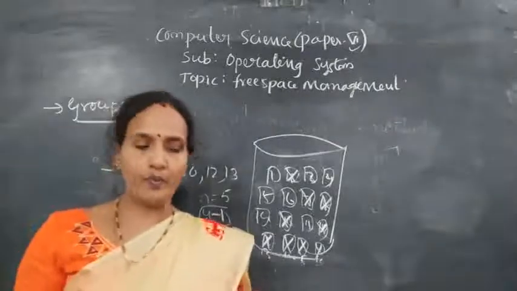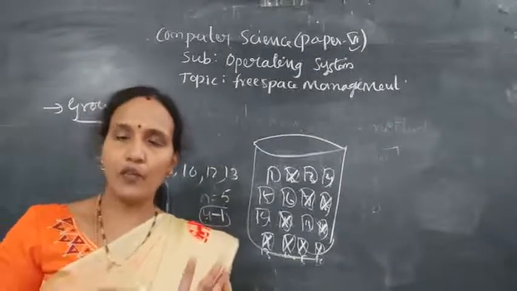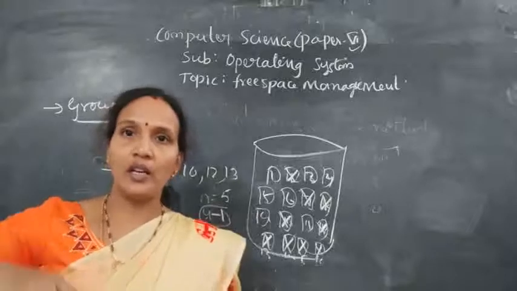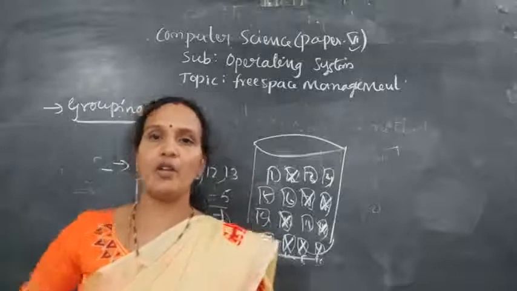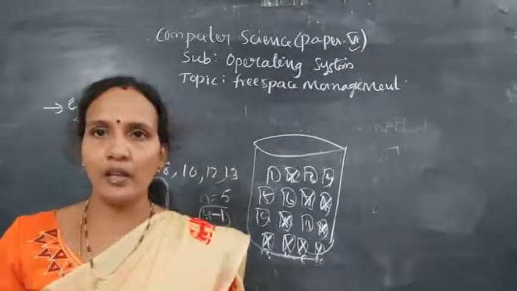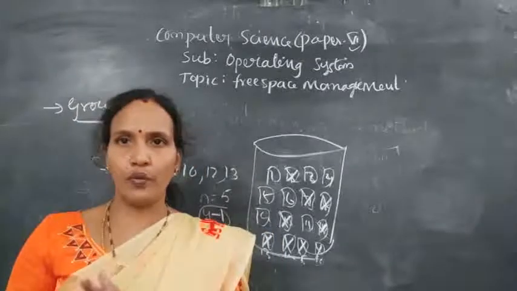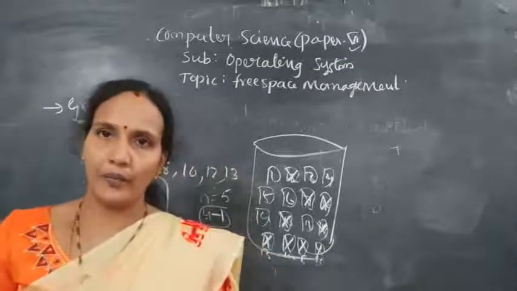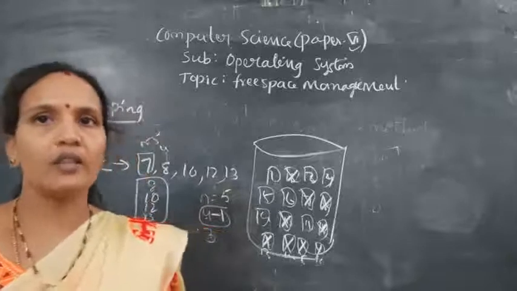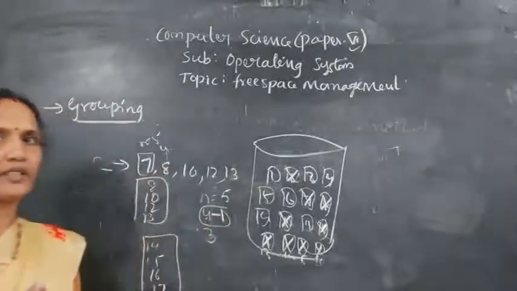Total 5 blocks: the first block maintains information of the next 4 blocks, and out of those 4, the last block maintains information about the next group. So one is for the next 4 and the last one for the next group. Only 3 blocks were free. Okay, so this is about your free space management. You take a screenshot of this.